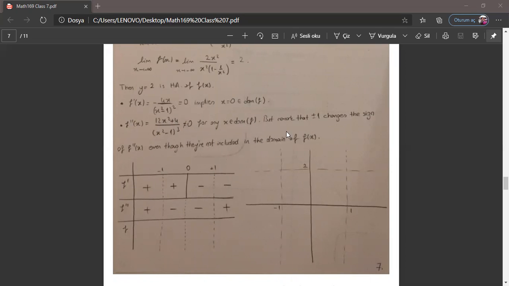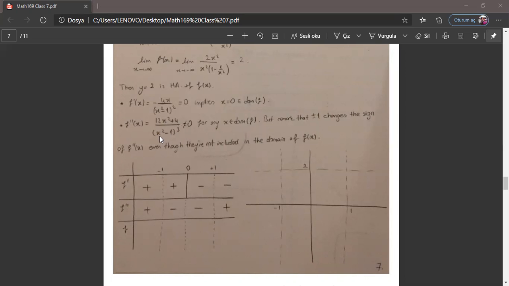But remark that when we plug plus 1 and minus 1, it changes its sign, so the concavity of the function changes, because here we have 3 as power. When we plug something greater than 1, this will be positive, so f double prime will be positive. When we plug something less than 1, it will be negative, as we have the power 3.